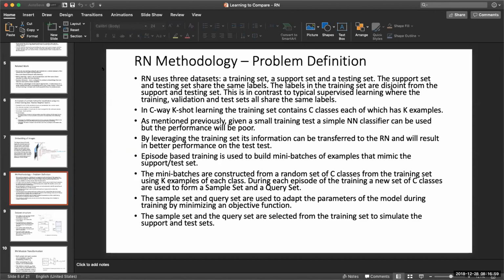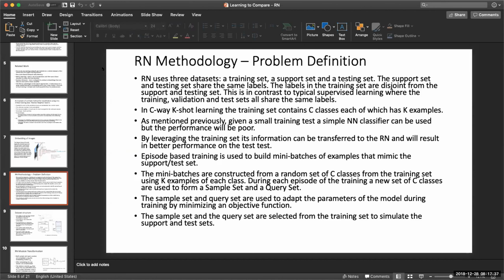If we have a small training set, you could use a nearest neighbor classifier, but the performance will be poor. But by leveraging a large training set, its information can be transferred to this relational network, and it'll result in better performance on the test data.